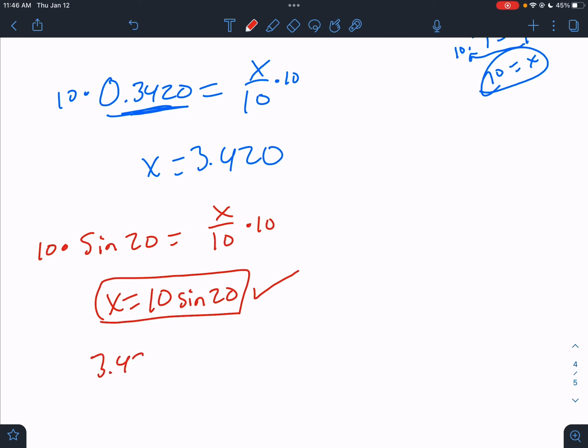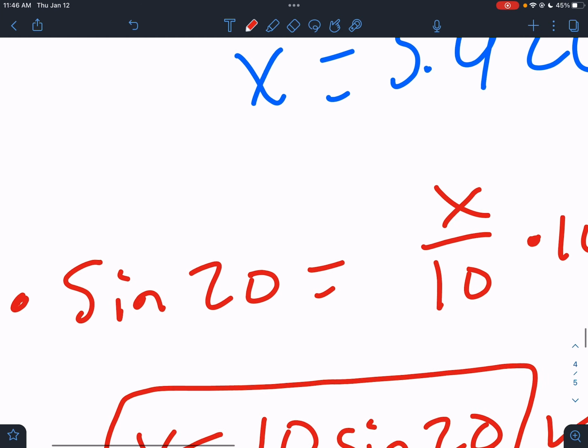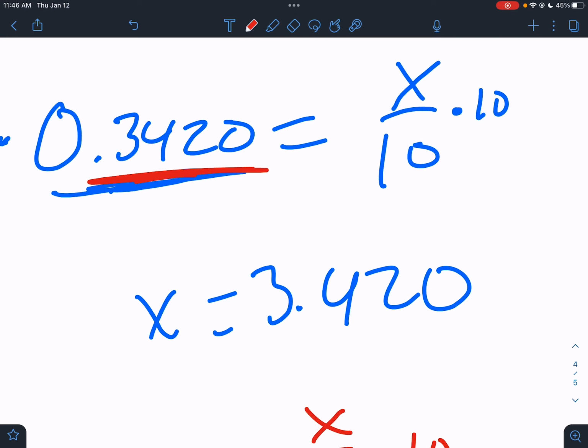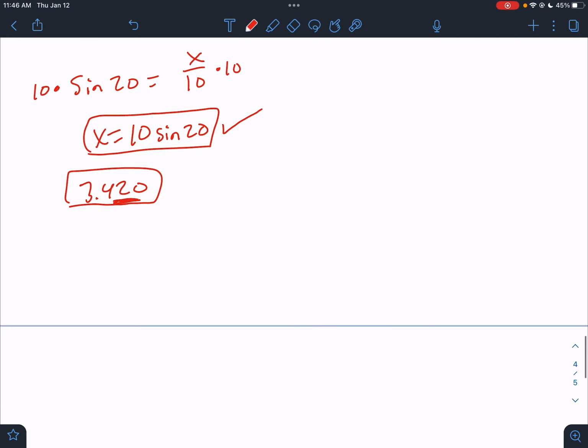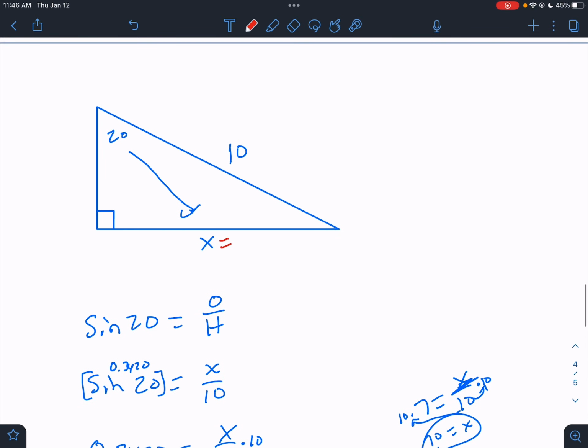Rounding rules are going to get kind of confusing. But for angles and for sides, you're going to round to the nearest thousandths really often. For ratios, you're going to go to the nearest ten-thousandths most of the time. So different rounding rules for different situations. But we would know that this side is 3.420.